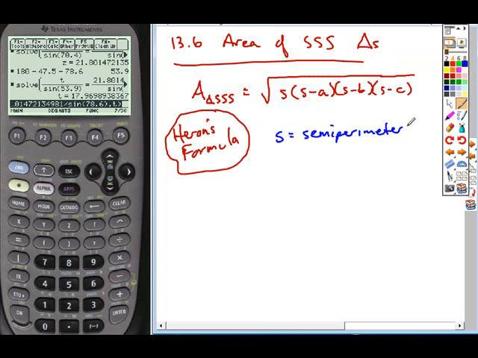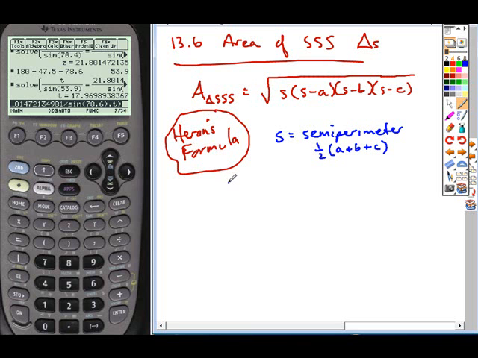What fraction of the perimeter do you anticipate that will be? It's one half, right? So it's 1/2 the sum of A plus B plus C. So the area winds up being the semi-perimeter, half the perimeter, times the difference between each individual side and that semi-perimeter measurement.